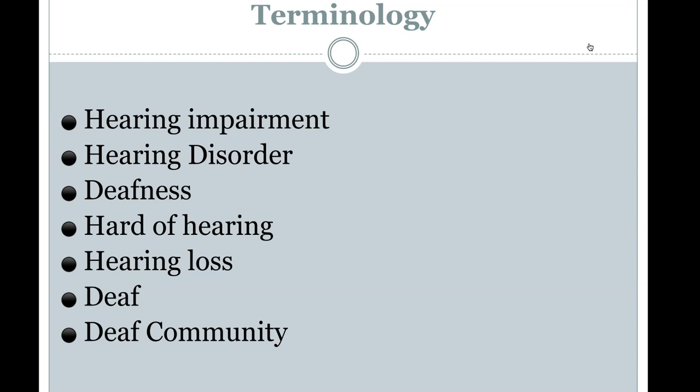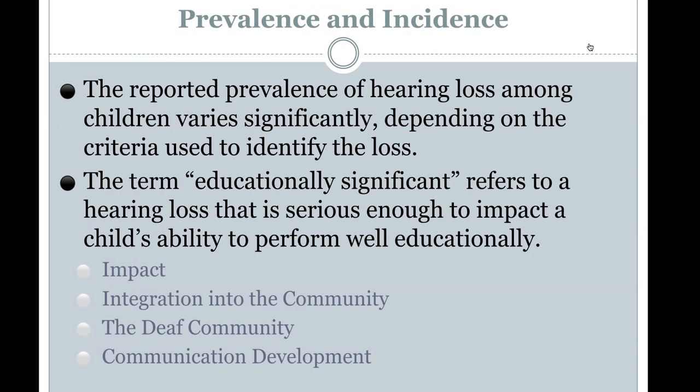Everybody is deaf, and they're socializing. They have their own words and terms to use, so they're truly a community. And your book talks about the fact that hard of hearing, hearing loss, and hearing impairment are often the terms most used unless somebody is completely deaf.